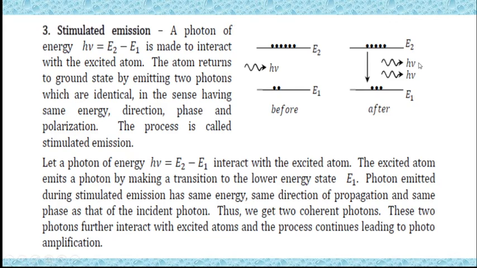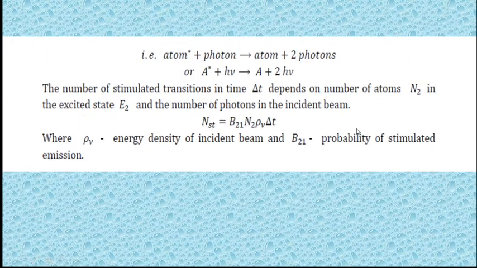They are identical and therefore they are coherent. And this is termed as stimulated emission. During stimulated emission, an atom in the excited state interacts with a photon of energy h nu, and hence the atom returns back to the ground state with the liberation of two photons of the same characteristics.